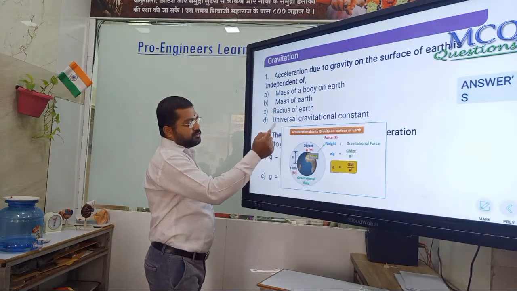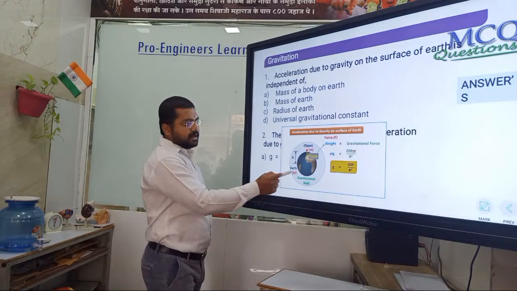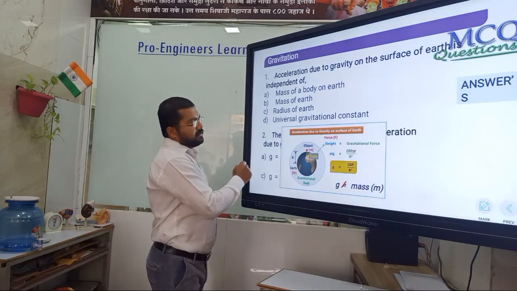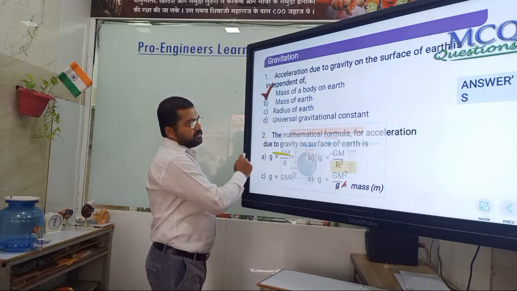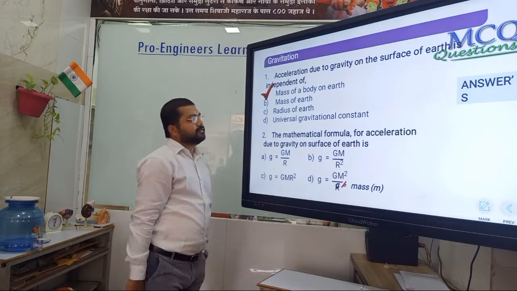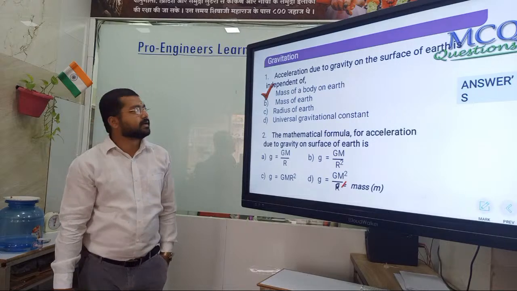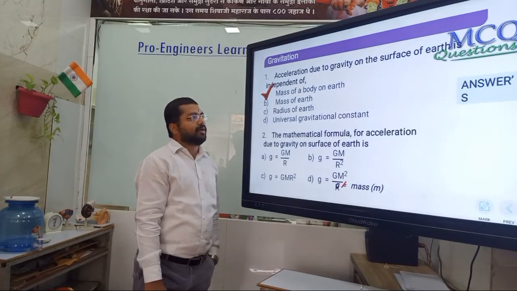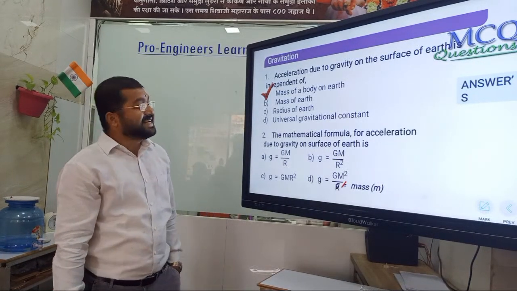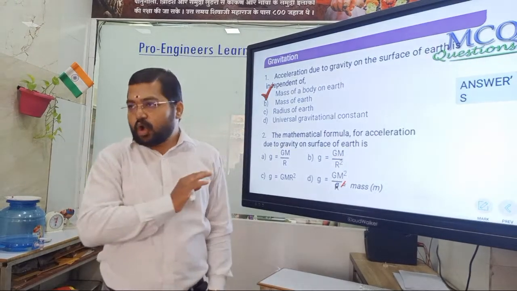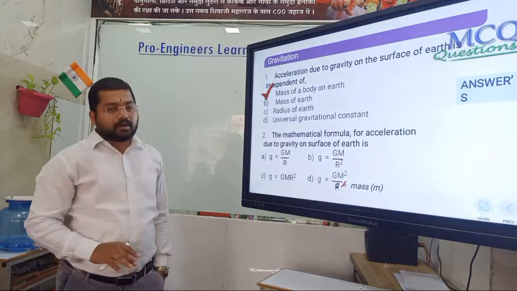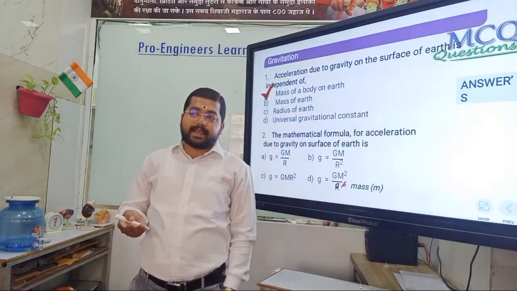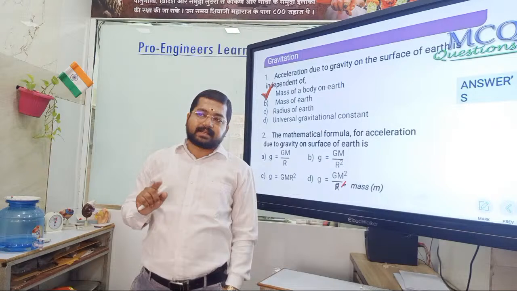This we have discussed earlier. So G is the universal gravitational constant, the other option is mass of the body. Acceleration due to gravity on the surface of the earth is independent of the mass of the body. Why? Every time we have cancelled that small m.